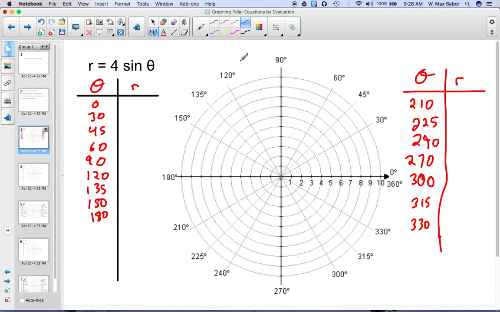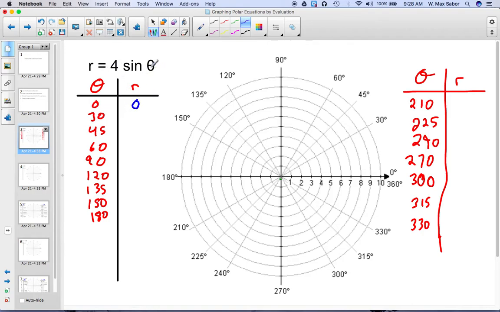So what we're going to be doing is plugging in 0 for theta, and then multiplying by 4. Plug in 0 for theta, we get 0 times 4 is 0.